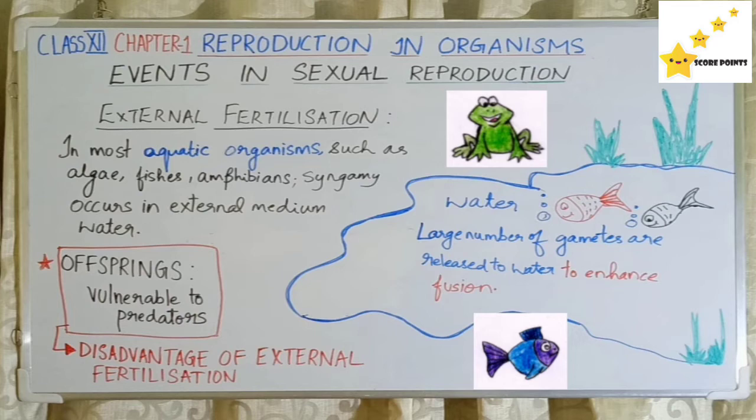This is to enhance the chance of syngamy. This happens in bony fishes and frogs where a large number of offsprings are produced. A major disadvantage of external fertilization is that offsprings are vulnerable to predators. Fishes or amphibians like frogs release a large number of gametes into the water, which enhances fusion, and a large number of offsprings are produced.